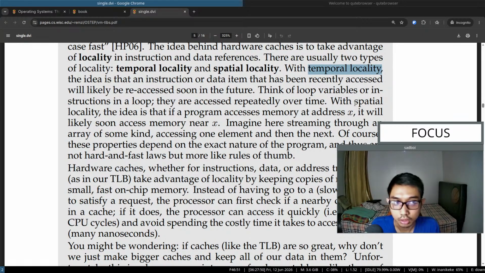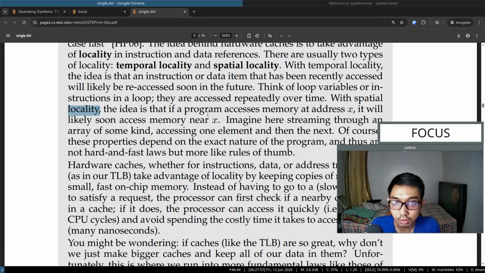And then there's also the spatial locality, which is basically accessing a memory at a specific address, and that will likely soon access the memory near it.